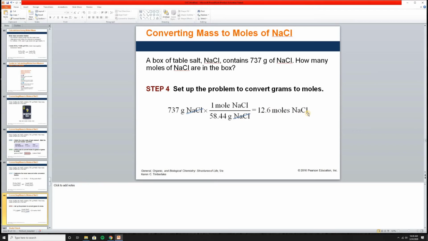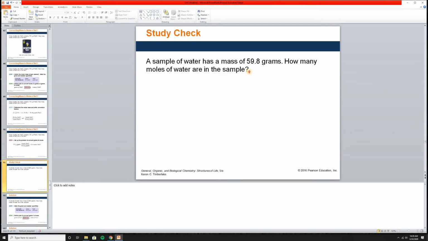So you can rewind, take a look at that. So basically, you're taking the molar mass and dividing it into your sample size in order to get the moles. So it's just using molar mass as a conversion factor. All right, let's do another example.